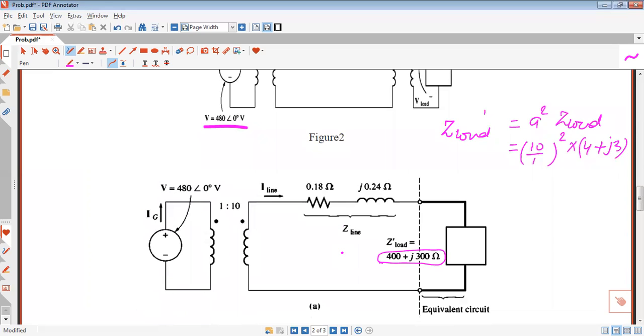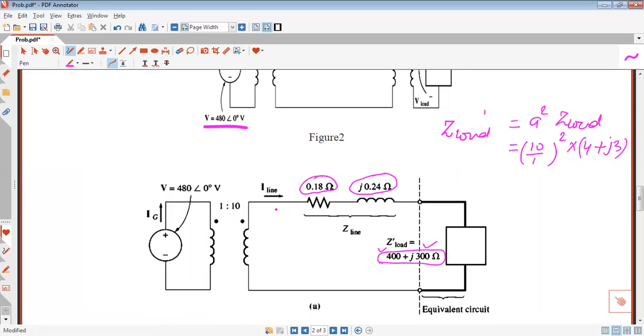So these two parts, this part that is 400 ohm and this 0.18 ohm, this value and this value are resistive, so they will be added together, and this value and this value will be added together, and this will be the total impedance at the line side.